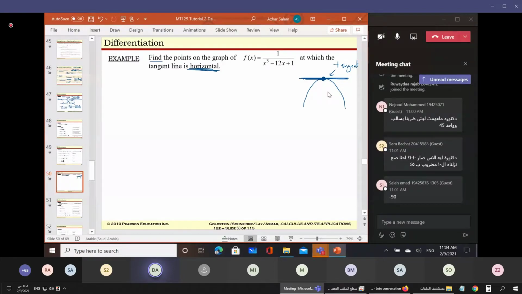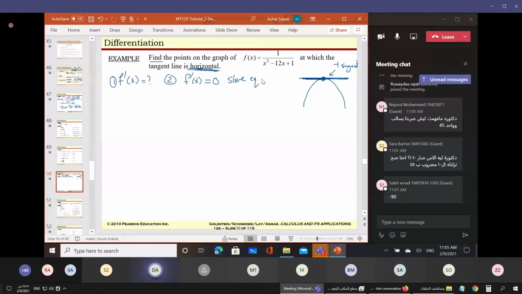There is actually a method to find this point, which is finding the derivative as we always did, then making the derivative equal to 0. So the steps that we will use: find the derivative f dash of x, then take the derivative that I find and make it equal to 0 and solve the equation.